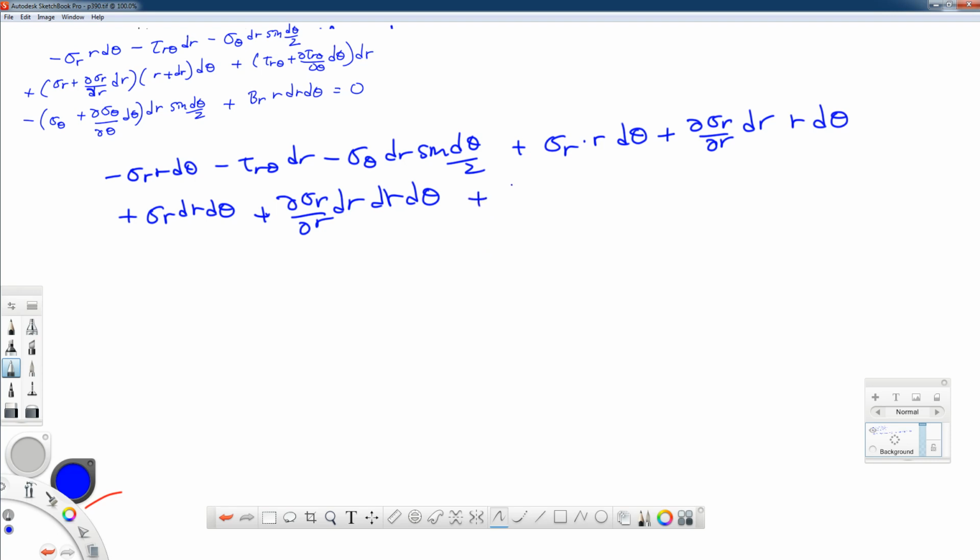Moving to this next term, we're going to have a tau r theta dr. We're going to have a partial of tau r theta with respect to theta d theta dr. Moving to the next term, we're going to have a minus sigma theta dr sine d theta over 2.